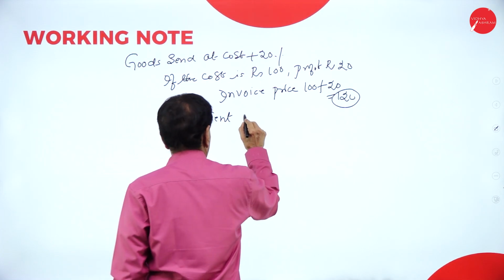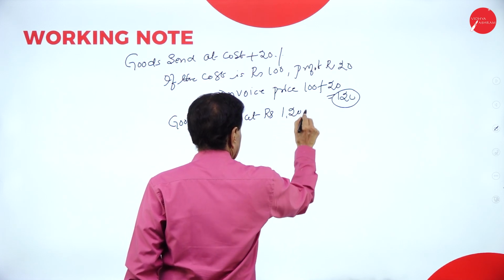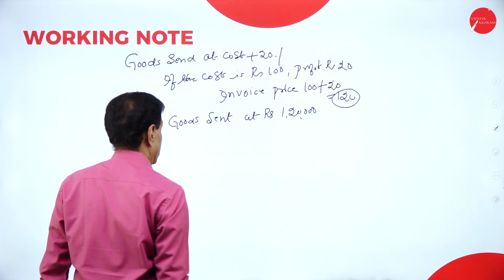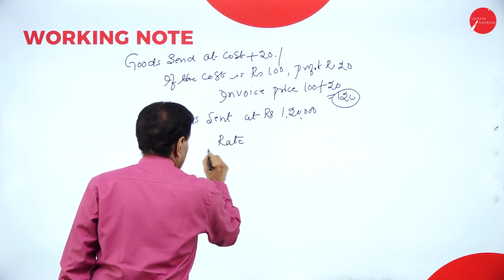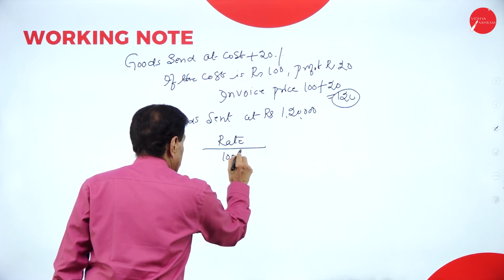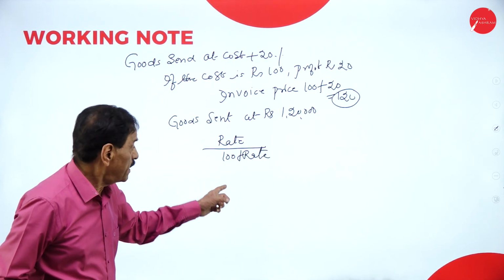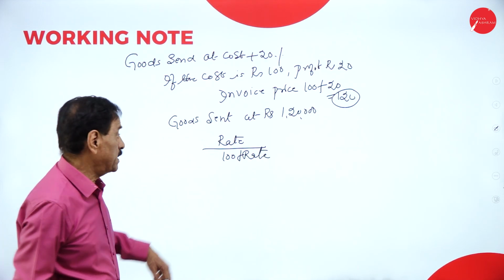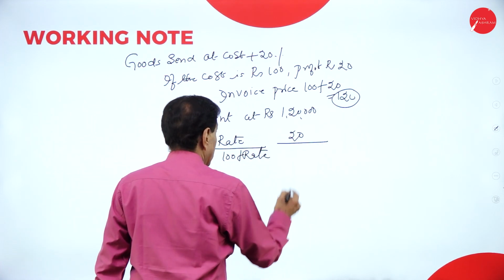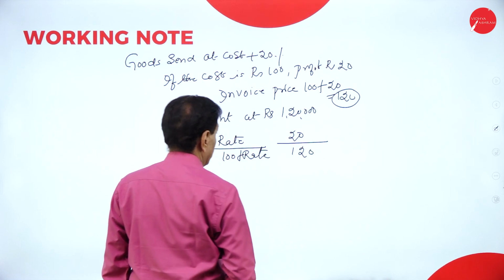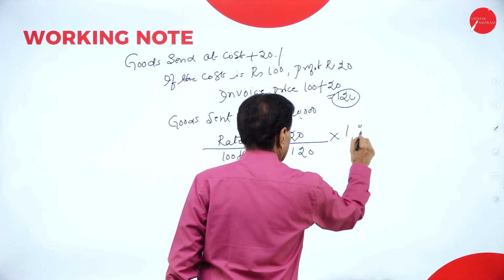The formula is rate divided by 100 plus rate. What's the rate? 20 divided by 120 into 1,20,000 goods sent.